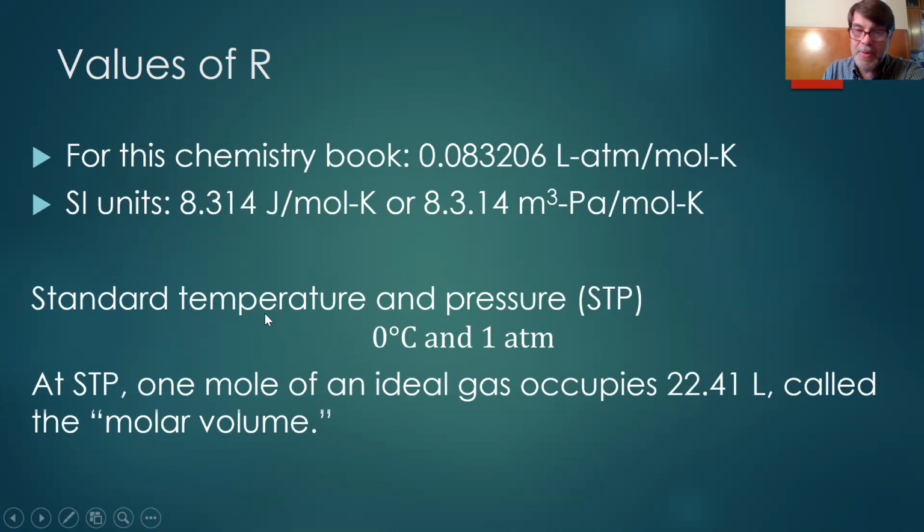Now, at STP, 1 mole of an ideal gas will occupy 22.41 liters, and this is called the molar volume, because this is the volume that 1 mole of an ideal gas will occupy at standard temperature and pressure. Something to tuck away for a rainy day or a voluminous day.